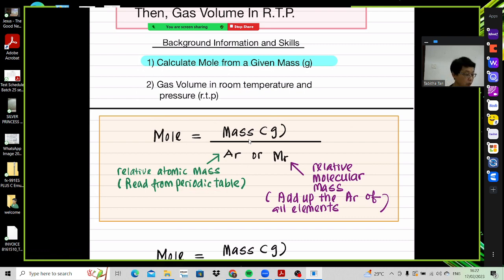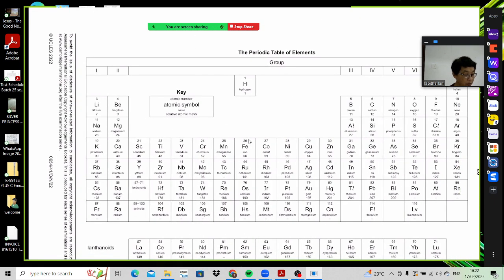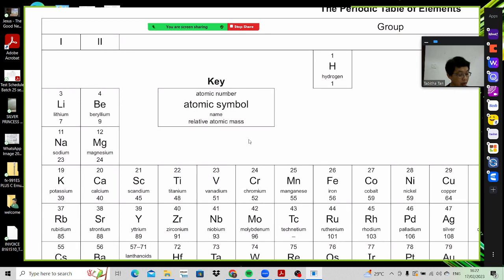Let us go and find one periodic table. This is the periodic table that is attached at the back of your exam paper. If you look at the key of how the periodic table is labeled, this is the part that you want to pay attention to: relative atomic mass.